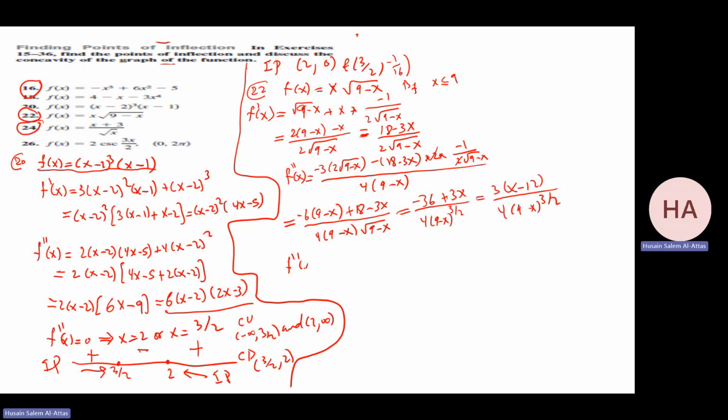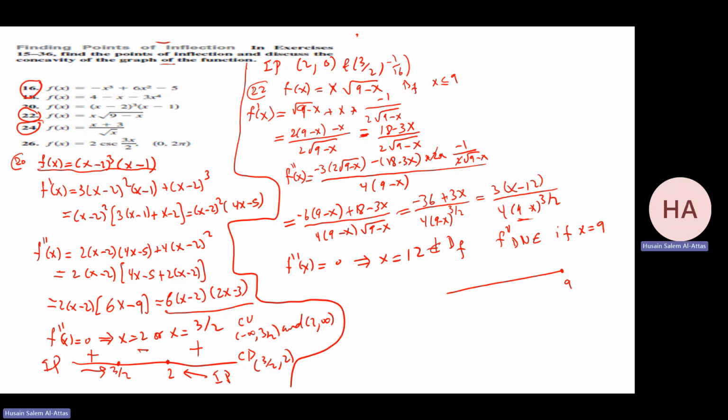So if f double prime equals 0, then x equals 12, which is not in the domain of f. So my concern is only about this. f double prime does not exist if x equals 9, and 9 is my border, so this is 9.